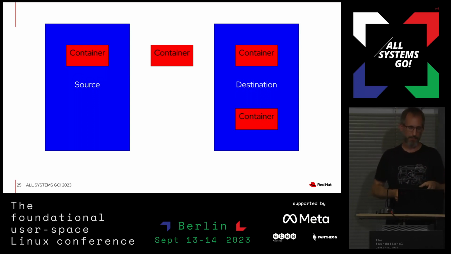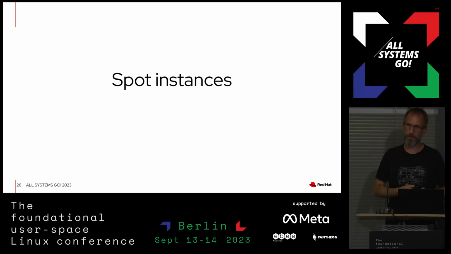Another interesting thing which I was never aware of, for which checkpoint restore might be useful, and people are actually using it, are spot instances. So you have spot instances from Google or AWS, and they are supposedly really cheap, but they can go away in like 2 minutes or even shorter time.